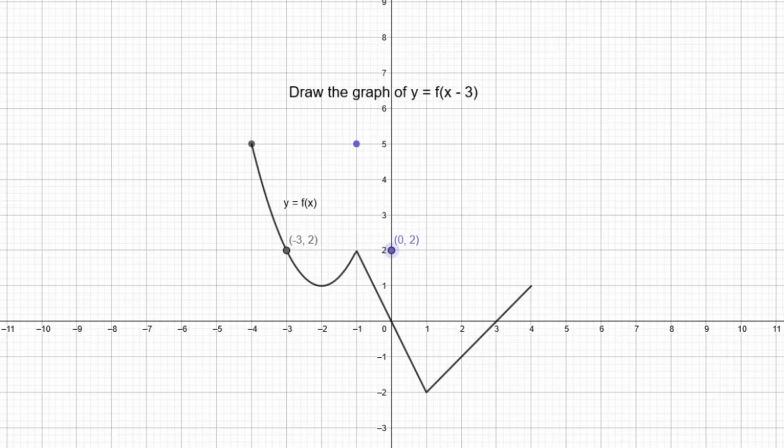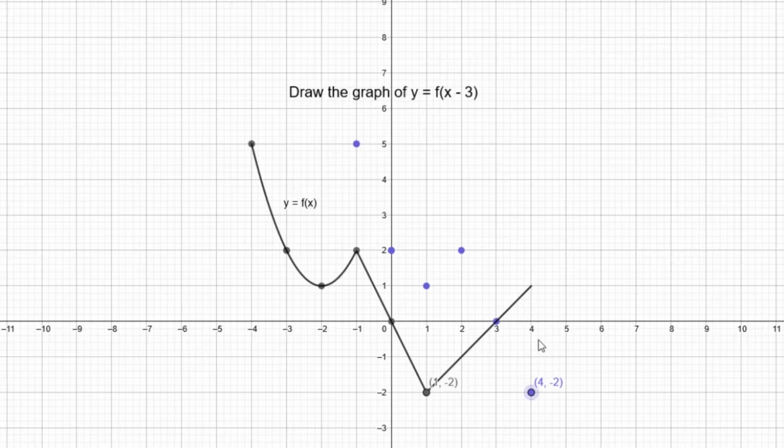Now I can continue this process. Every time I move along to another point, I would have to look at where the old curve was 3 units to the left. Right, am I finished? The original curve only went up to an x of 4.